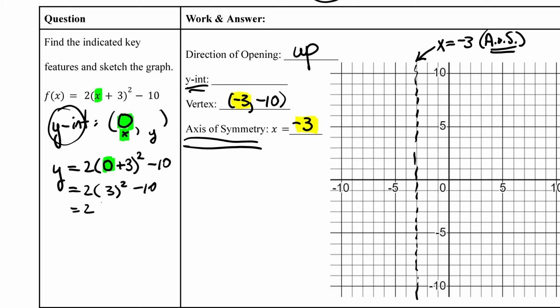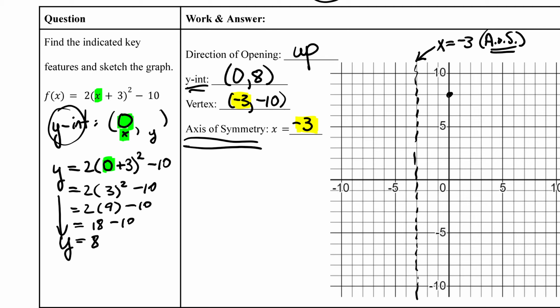That's 2 times 9, which is 18, minus 10, which would be 8. And so y is equal to 8 when x equals 0. So I've got 0 comma 8, which would be right here.